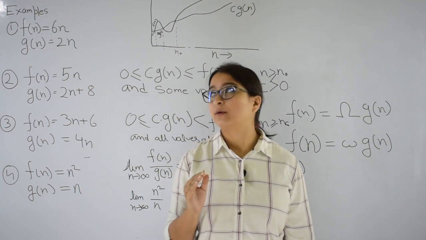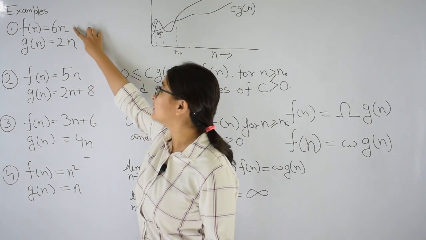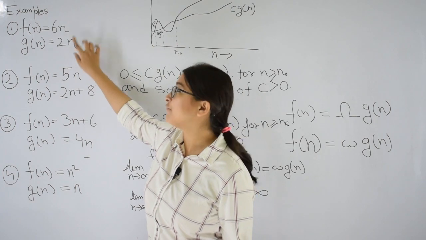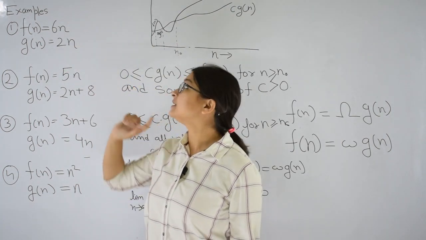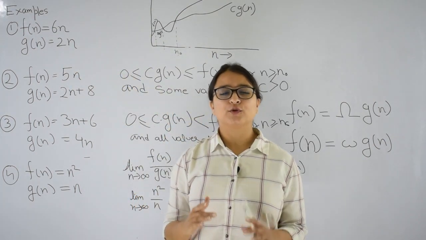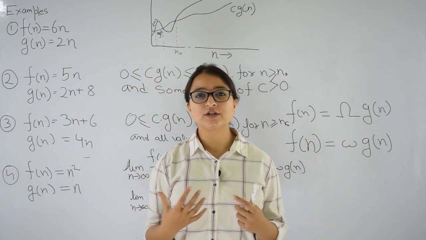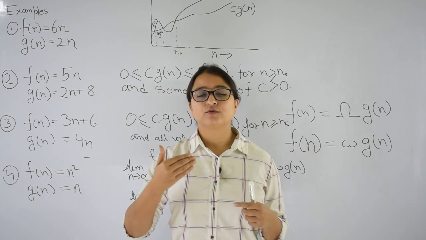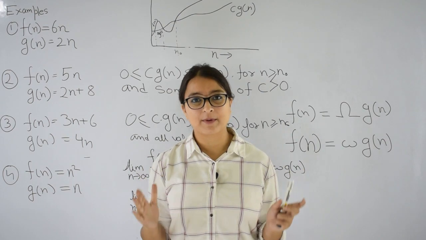For example, in this case, I could say that f of n is big omega of g of n, but I cannot say that f of n is small omega of g of n. So for the purpose of having complete knowledge on the subject, it is better that you know about these things, but you should prefer using big O and big omega.